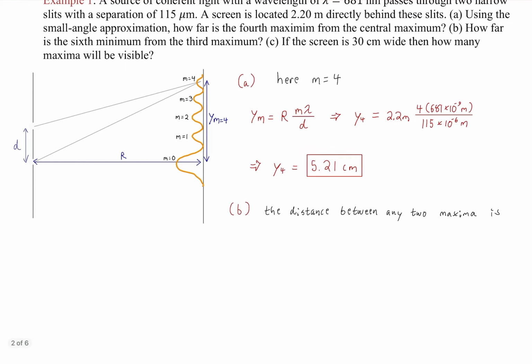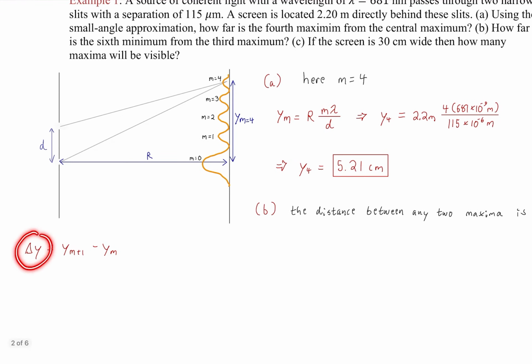Okay, so how do we do that? Well, the distance between any 2 maxima is... Now, this is gonna be really helpful because often we care about not always measuring from the same fixed point, but instead measuring between points. So in that case, I want a delta y. That would be the distance between consecutive maxima. Like maybe, this would be an example of delta y, okay? Well, it's y(m+1) minus y(m), all right?